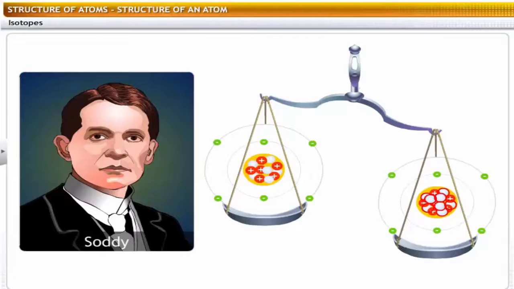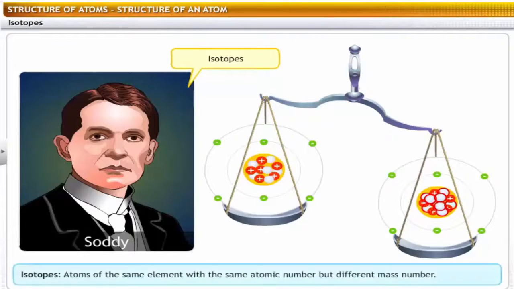Soddy called the elements with the same atomic number and different mass number isotopes, Greek for same place. Thus, isotopes are atoms of the same element with the same atomic number but a different atomic mass. The valency of isotopes is the same. Isotopes of the same element differ in their physical properties.